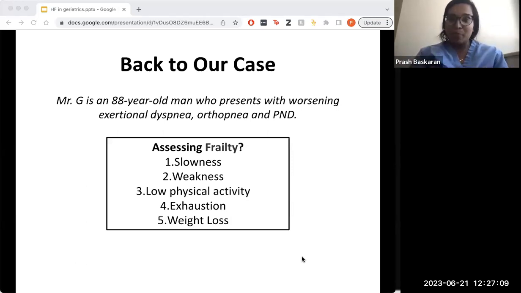But the purpose of my presentation is to urge you to look at it with a slightly different lens, which I think we do, probably inadvertently, when we look at patients who are older, but to maybe focus on some of the domains of frailty, including slowness, weakness, low physical activity, exhaustion, and weight loss, and observe a baseline when the patient is admitted from their caregiver or from the patient themselves, and then monitor the functional decline and see if there's any way we can make interventions to increase their ability to preserve these domains before discharge.